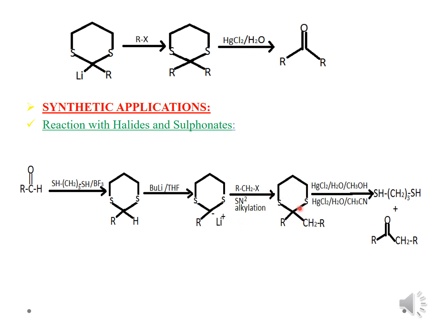Once you get this structure, upon addition of mercuric chloride, water, ethanol or CH3CN, this dithiane gets deprotected, resulting in your carbonyl compound.